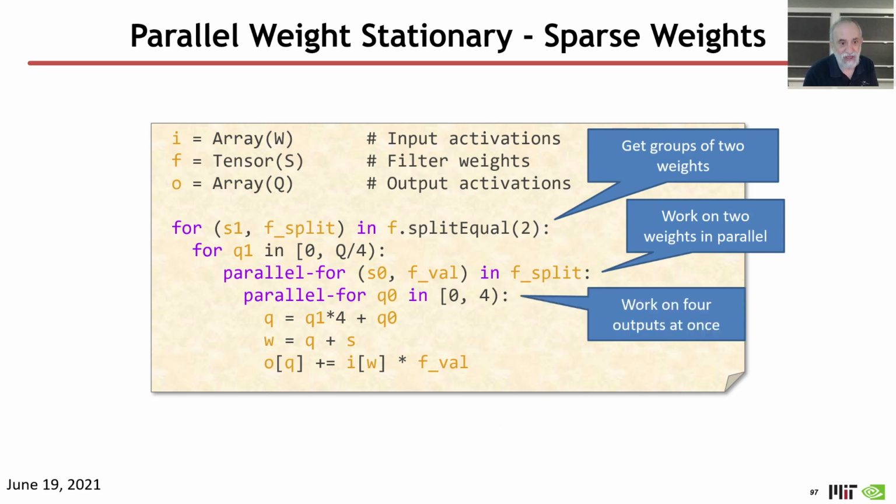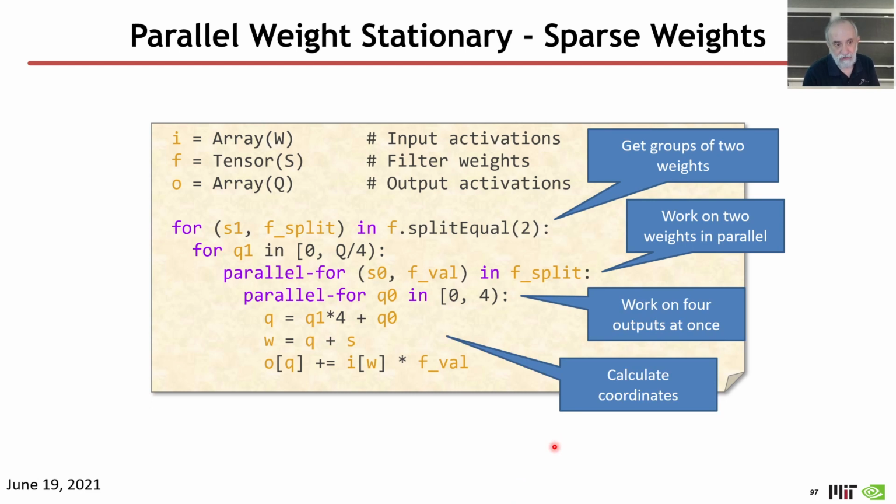In my next step, I'm going to work on 4 outputs at once, and I need to calculate the proper coordinates for each output, and also the coordinate of the input activation. In this case, I've still left them uncompressed.